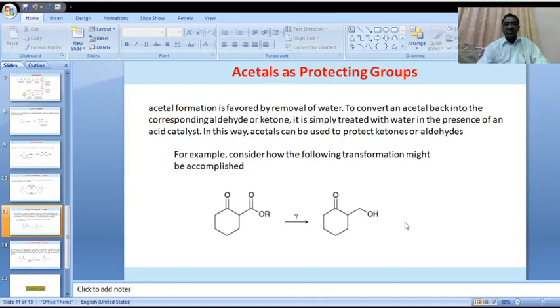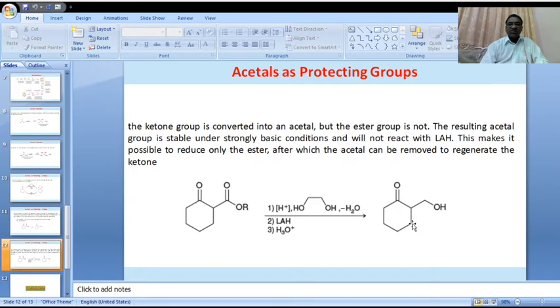How is it? We'll discuss with the mechanism part, in what way the reaction proceeds. Here please observe. The ketone group is converted into an acetal in the presence of a diol and acid.